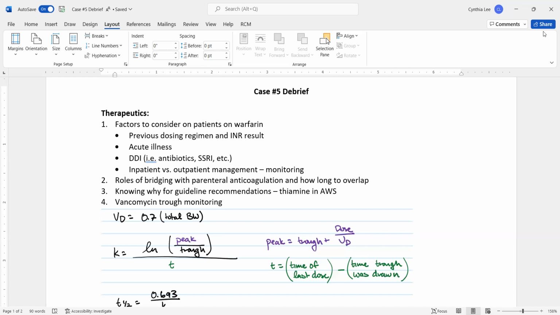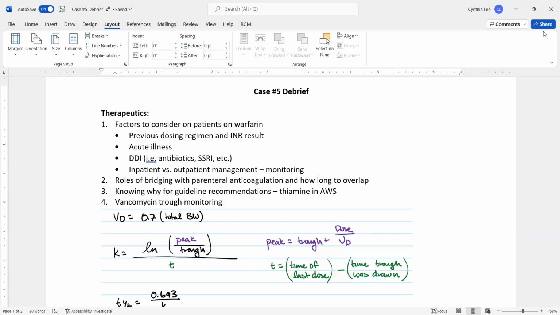So in the outpatient setting, you typically just adjust a dose and have them come back in a week or two based on how risky the patients are. So again, a lot of things to consider while patients are on warfarin, either acutely in the inpatient setting or when they are stable in the outpatient setting.